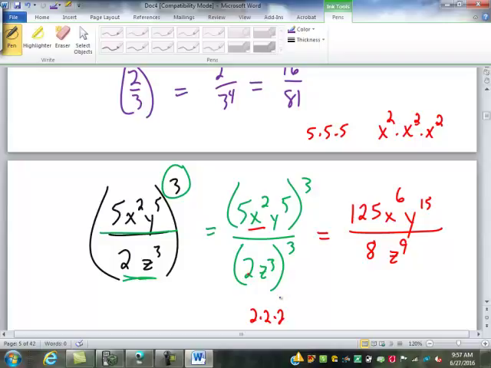No, the number is still taken to the power. 2 to the third is still 2 times 2 times 2. Z to the third is still z to the third times z to the third times z to the third. The difference is when you multiply, you'd add the powers, and when you're adding over and over again, that's multiplying. You are multiplying. 3 times 3 is 9 on the power.